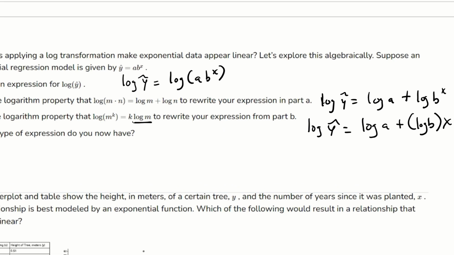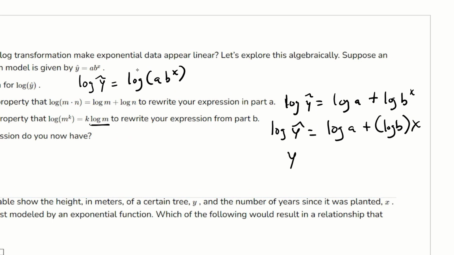All right, what type of expression do you now have? This is an expression y equals a plus bx, where b is the slope and a is the y-intercept. So you can kind of see that if you compare that.